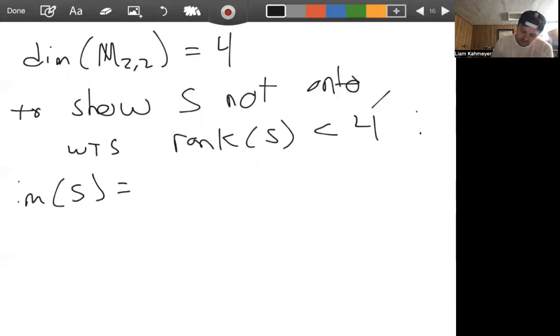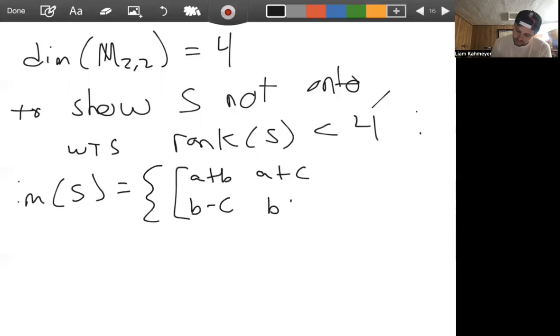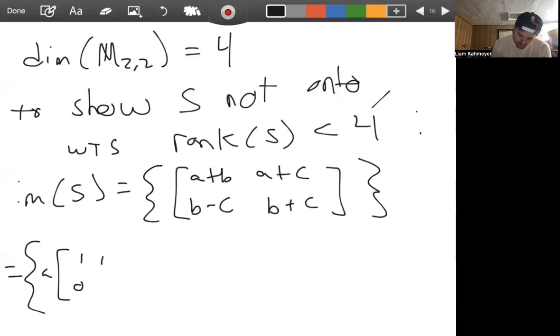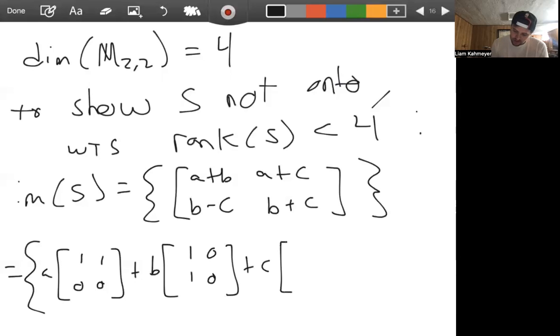The image of S is the set of all 2x2 matrices of the form a plus b, a plus c, b minus c, b plus c, which we can write as the following linear combination: a times 1, 1, 0, 0 plus b times 1, 1, 0, 0 plus c times 0, 1, negative 1, 1.